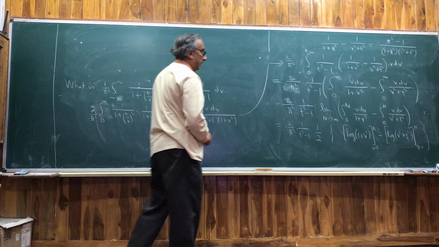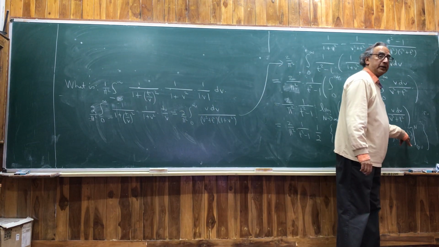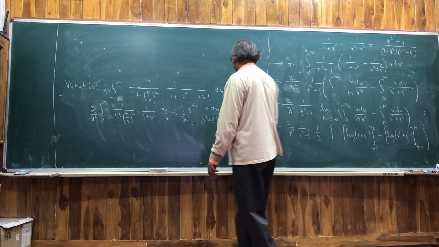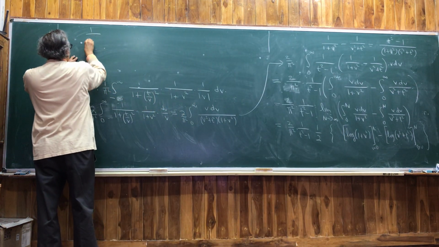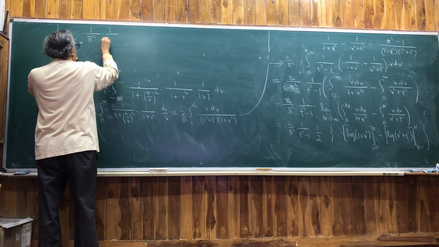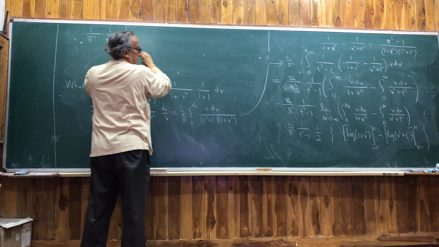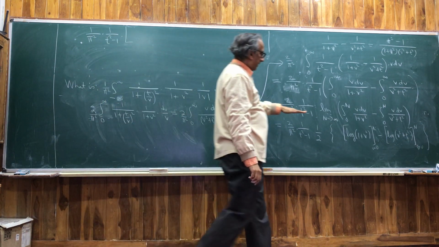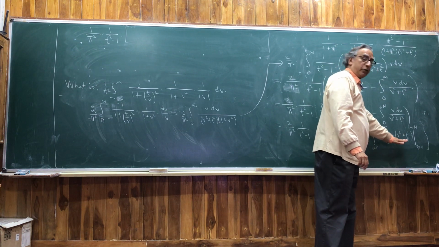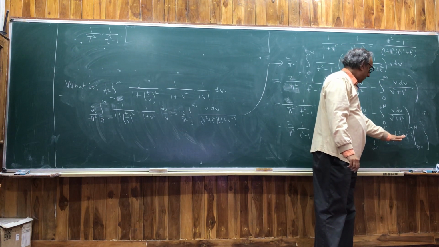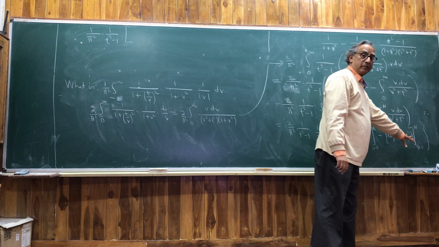So plugging in v equals n, and v equals 0, it's log of t squared. So the first thing is 1 over pi squared, 1 over t squared minus 1. What comes out is log of 1 plus n squared. Here, there are 2 terms: a log of n squared plus t squared, and then a log t squared term.